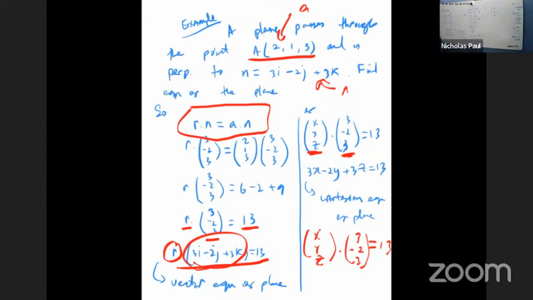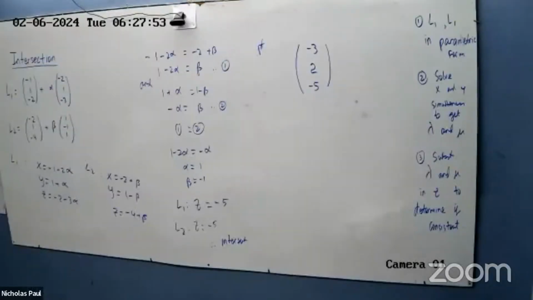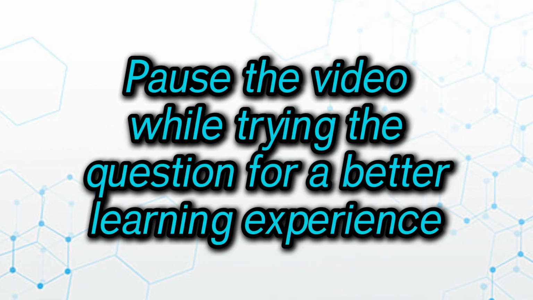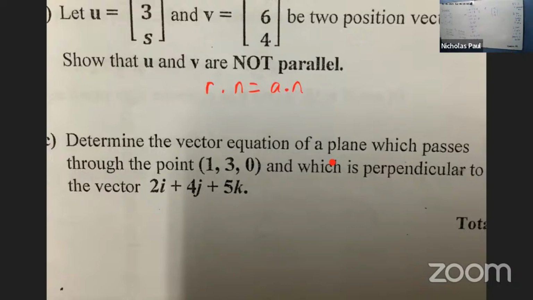Okay, so I'm just going to give you one to try. Right, find the equation of the plane there. Actually, let's get the Cartesian one time. But R is the variable. N is which one?